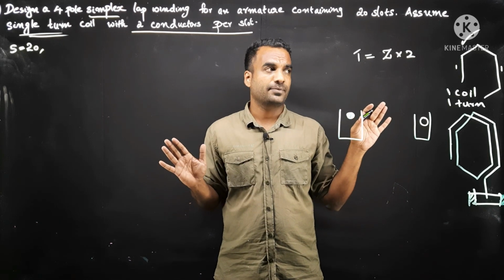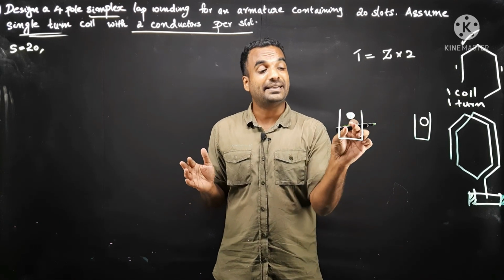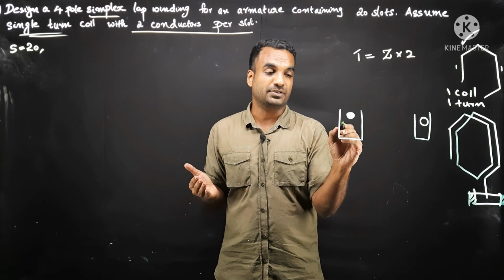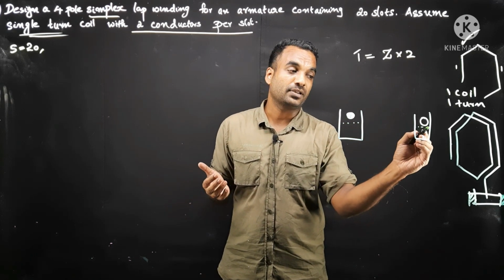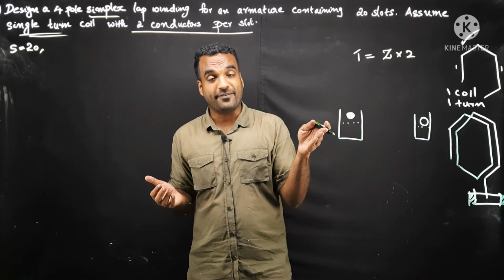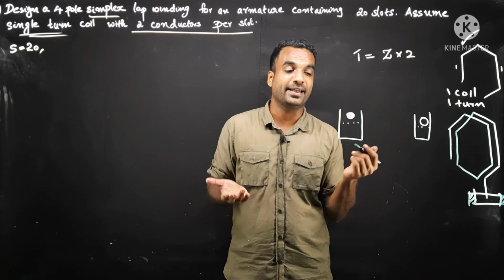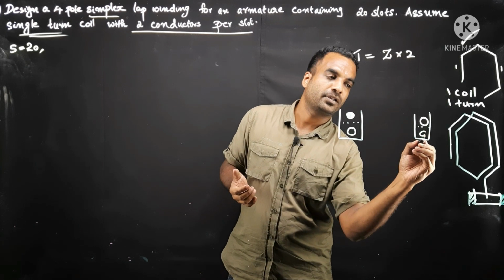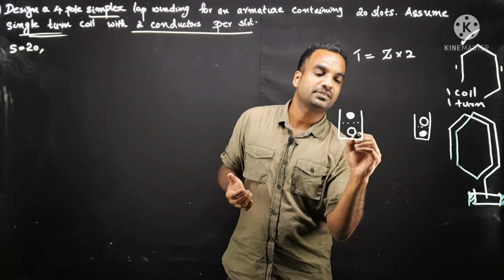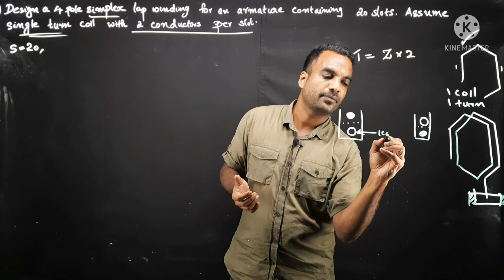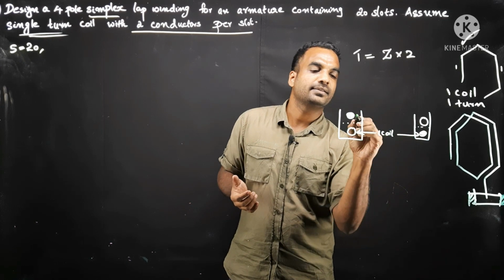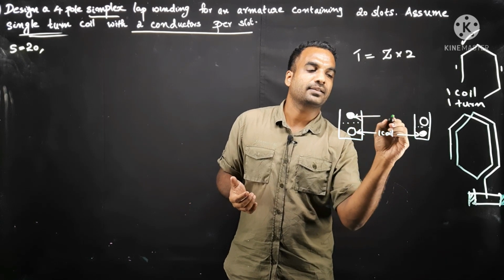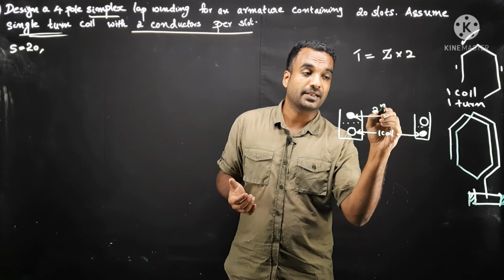That coil is over, but some space is left unused. Inside the slot much more space is available so that you can use it again. So you place one conductor here and the corresponding finishing conductor here.